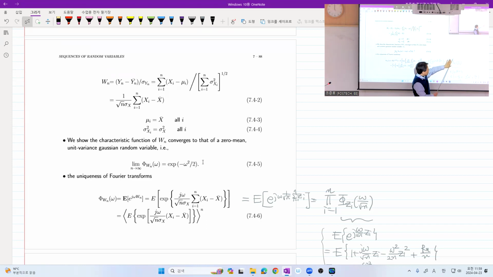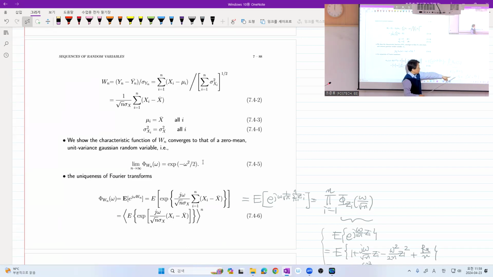Now, what we do is that we carefully look at this characteristic function and use the Taylor series. Because n is large enough, our argument as a real number is very close to 0. So actually, we rely on the Maclaurin series of the exponential function, which is what? 1 plus x plus x squared divided by 2, something like that, where x is j omega z sub i divided by square root n.